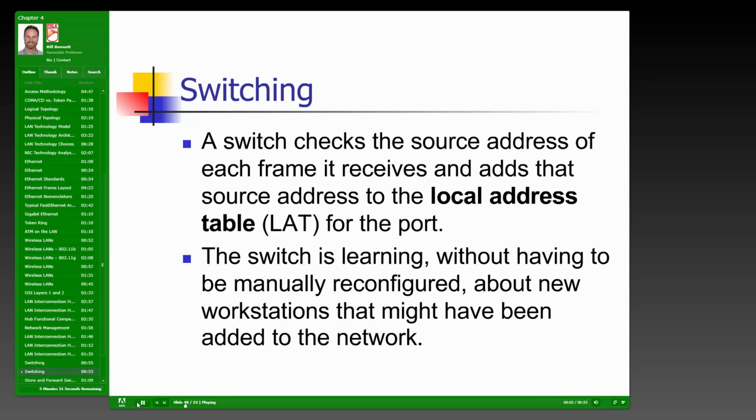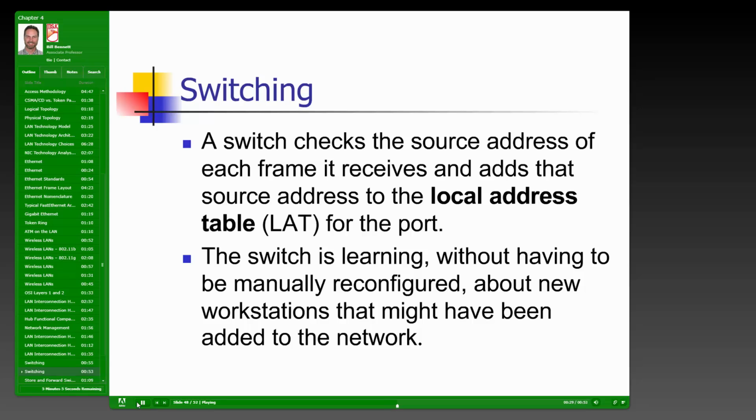We're getting kind of redundant here, so just reiterating what we just talked about as far as switching is concerned. Again, the switch is checking the source address of each frame that it's receiving and adds the source address to its local address table for that port. So that's how it originally builds the local address table. As frames come in and it looks at the source address, it says, okay, that's MAC address A, that's coming in on port 1, so that's where that device is attached.